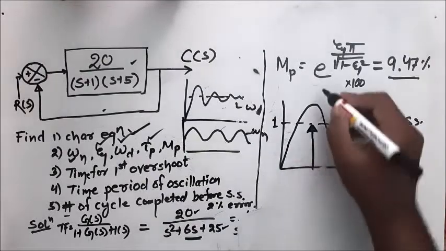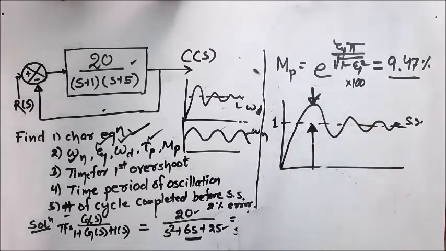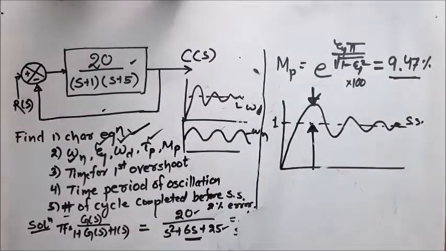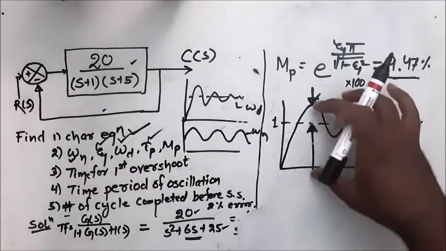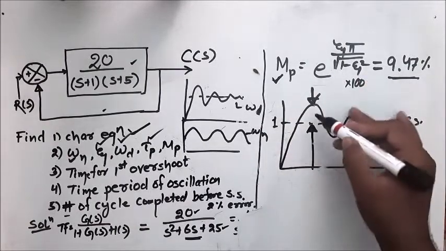The Mp formula will give this value, in between these values. So obviously the maximum peak is this much, but the formula for Mp gives only this value.